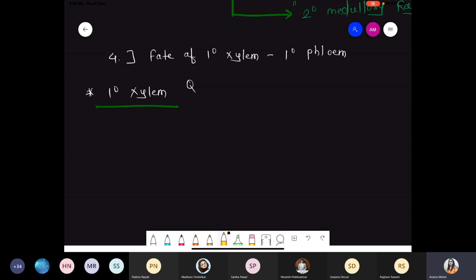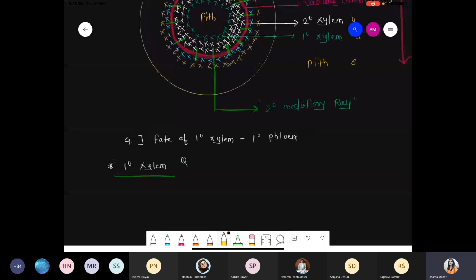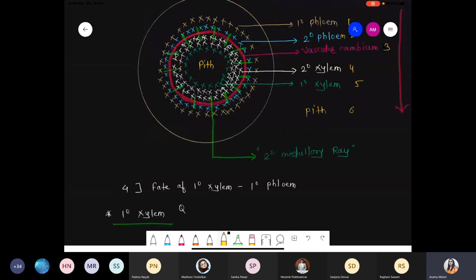But now what happens? Sometimes primary xylem is pushed toward the inner side because secondary xylem cells are more active, 8 to 10 times more active. So slowly they start pushing primary xylem towards the center. And who is present at the center? Tell me, at the center which cells are present? Pith cells are present.